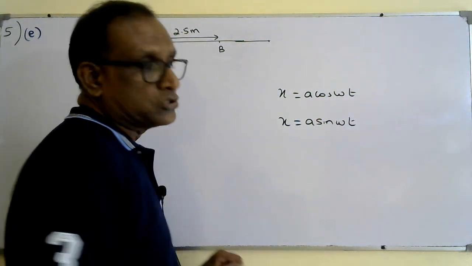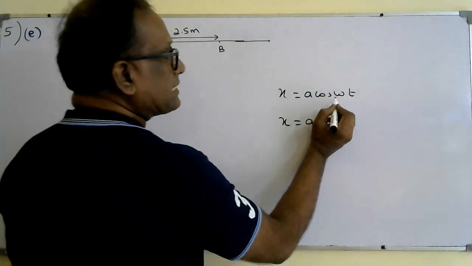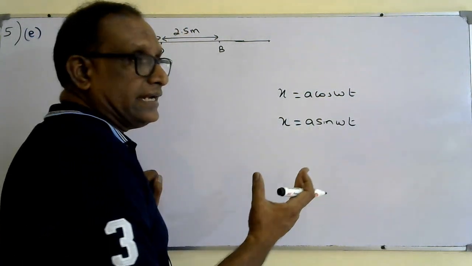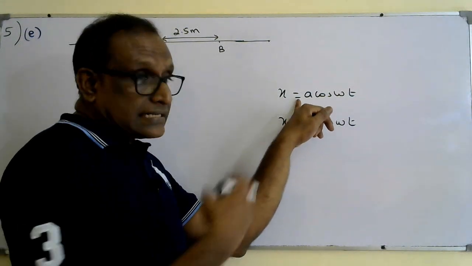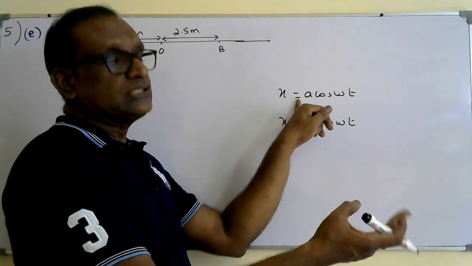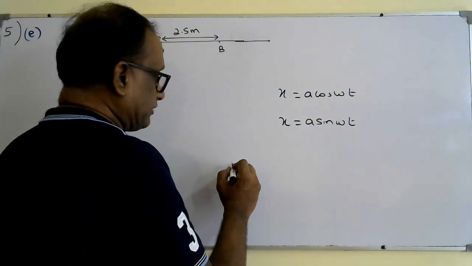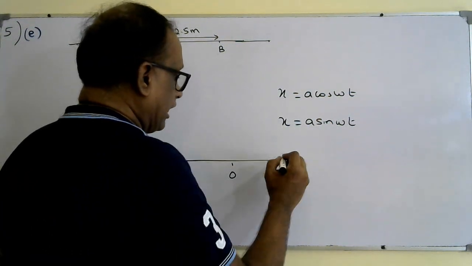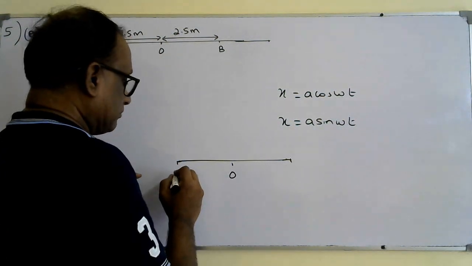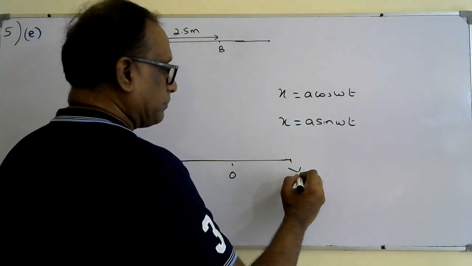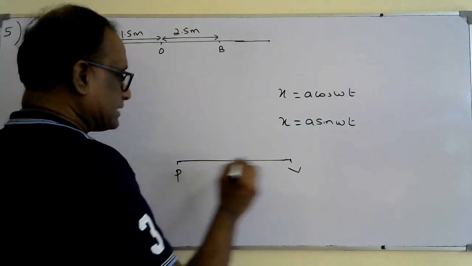You should know where to use which equation. We use this equation to find the time taken by a particle to move from the maximum displacement position to some other position. Say, if this is the equilibrium position, and P and Q are the extreme positions.